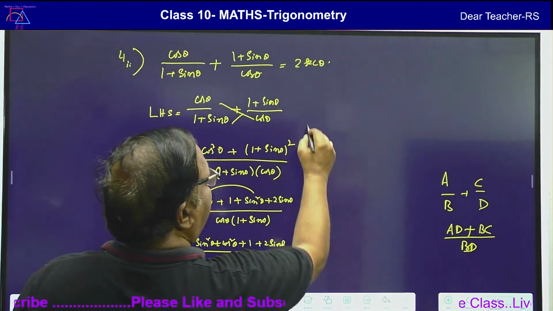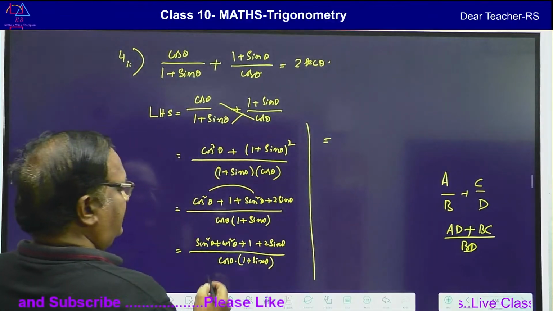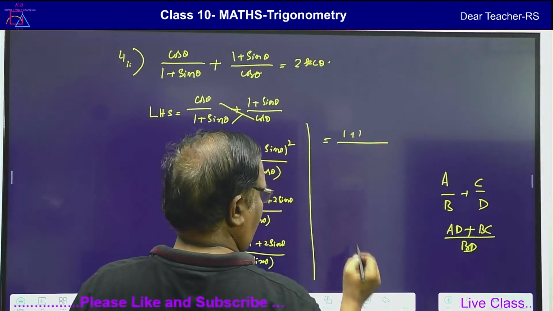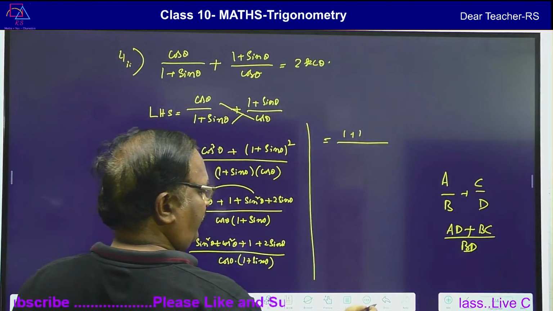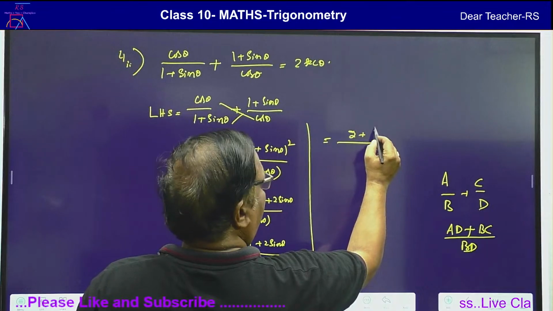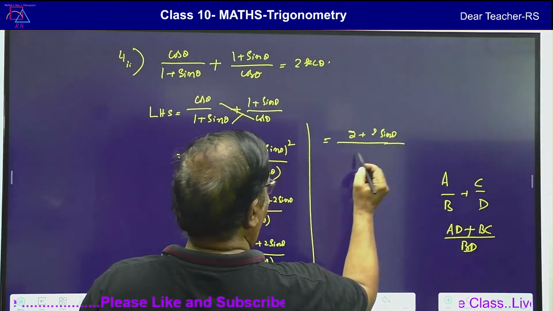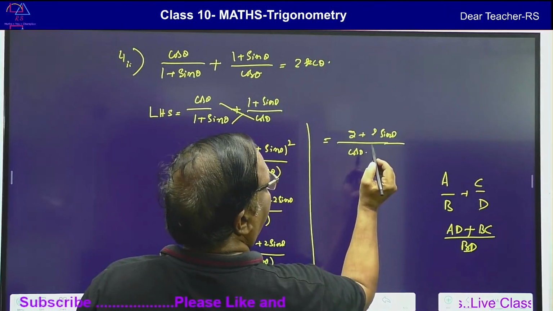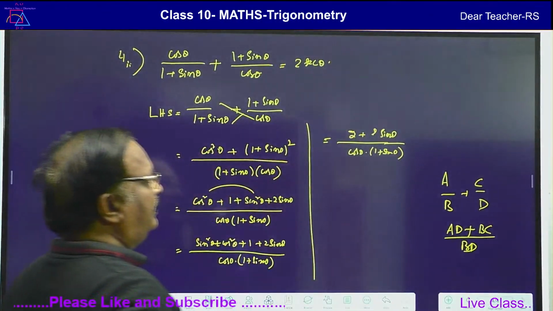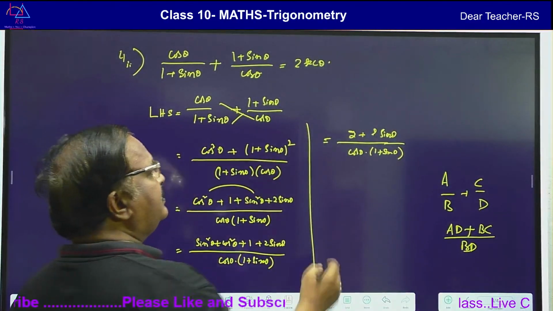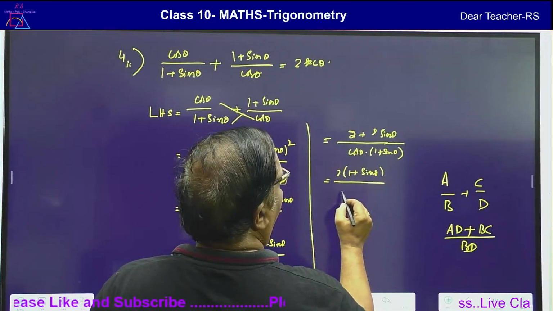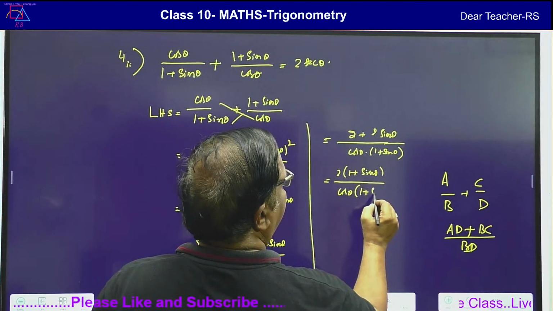सो अभी इसको क्या होता है, then साइन स्क्वायर थीटा प्लस कॉस स्क्वायर थीटा is 1 plus 1, ये दोनों मिलके 2 हो जाता है. So I will write 2 प्लस 2 साइन थीटा बाय कॉस थीटा इंटू 1 प्लस साइन थीटा. अभी इसको you take 2 common, then 1 प्लस साइन थीटा हो जाता है ऊपर, and then नीचे कॉस थीटा 1 प्लस साइन थीटा हो जाता है.